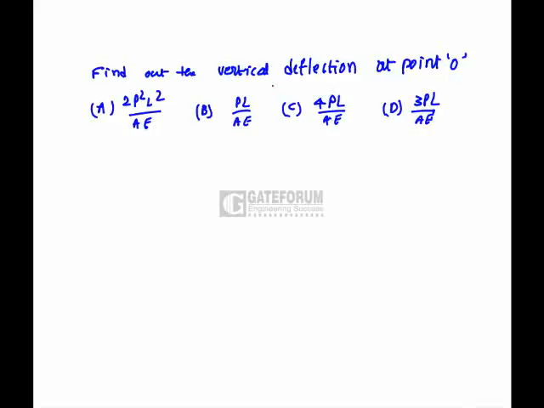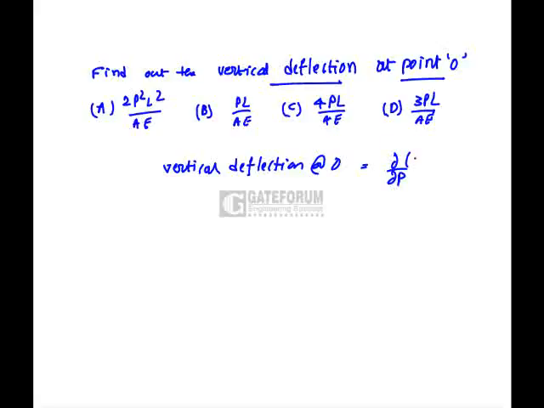Next, find out the vertical deflection at point O. Vertical deflection at O is equal to dou by dou P of strain energy at O. From the previous problem, we know that the strain energy is P square L by 2AE.